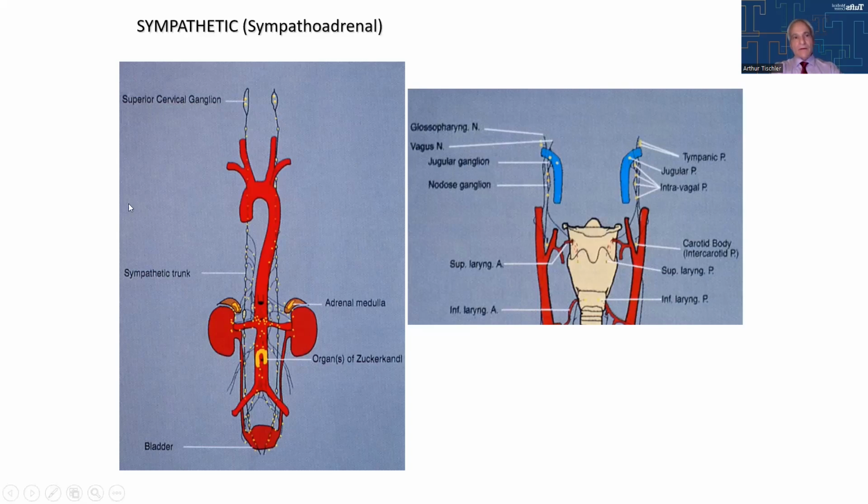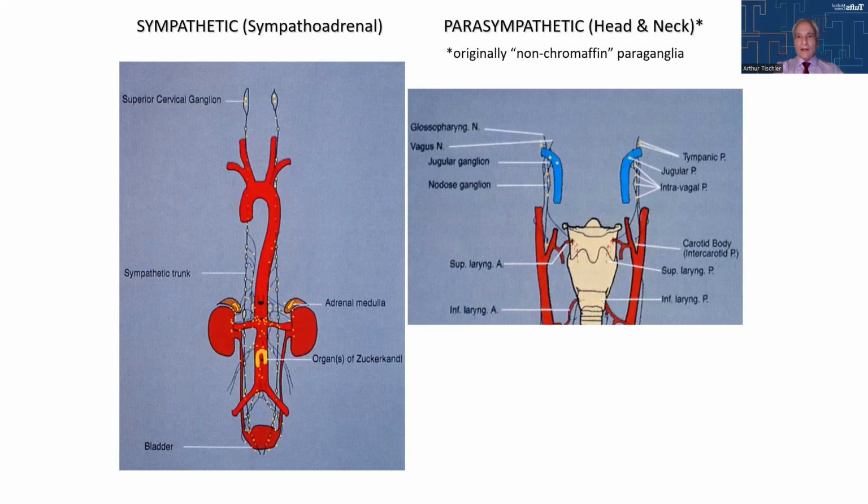Cells along the sympathetic nervous system are now known as sympathetic or sympathoadrenal paraganglia, and those in the head and neck are known as parasympathetic or head and neck paraganglia. An alternate term for these that was applied some time ago but is now obsolete was non-chromaffin paraganglia. This term is obsolete because the chromaffin reaction itself is obsolete, and there are much better ways of detecting and identifying paraganglionic tissue.